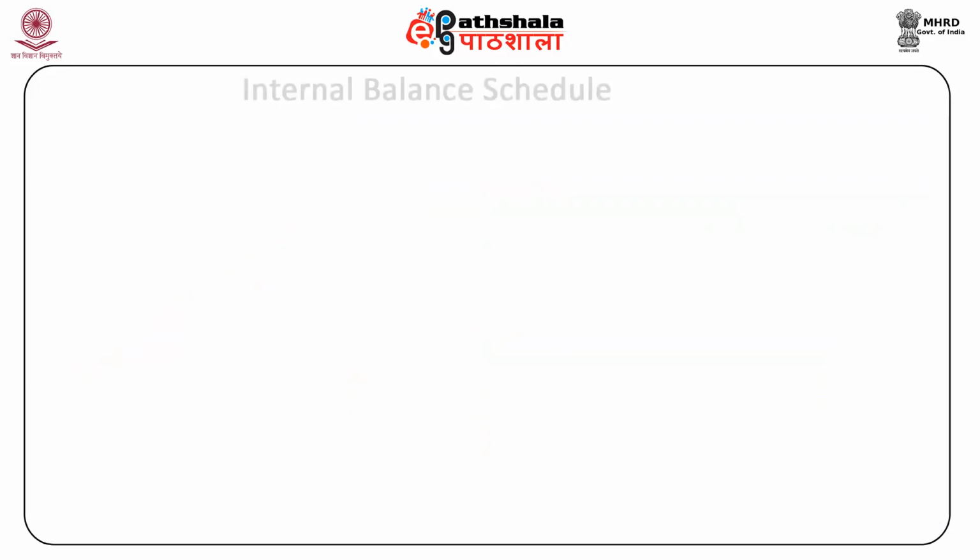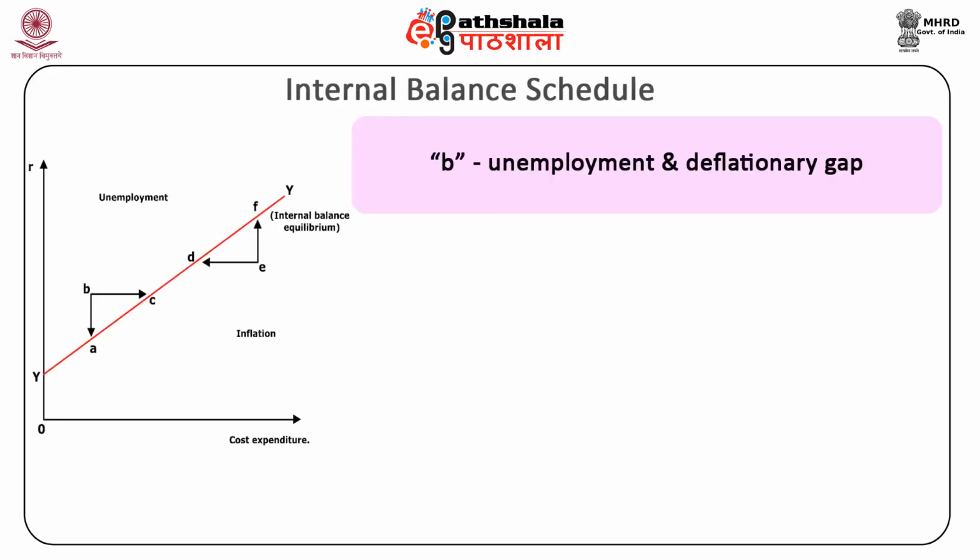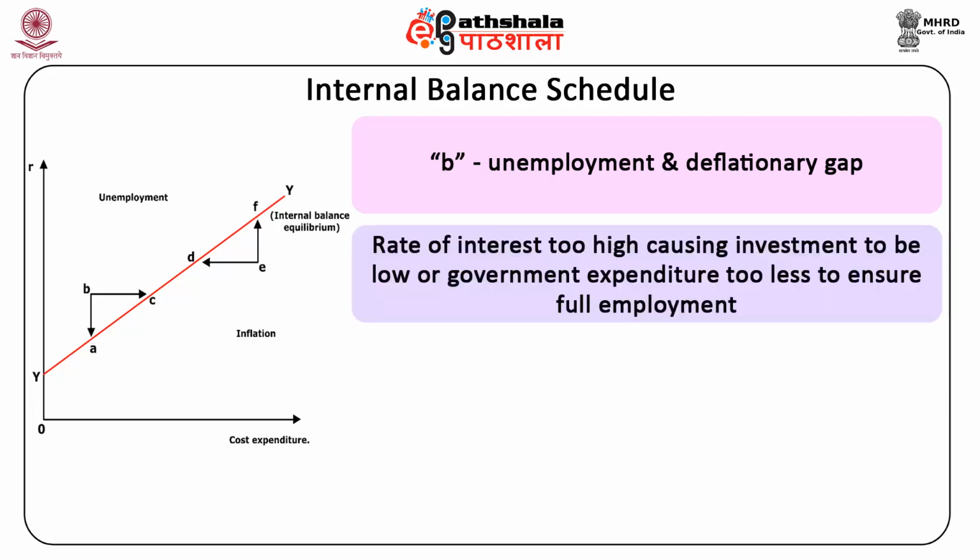To the left of YY, at a point such as B, there is unemployment and a deflationary gap, because at point B, either the rate of interest is too high, causing investment to be low, or the government expenditure is too low to ensure full employment in the economy.